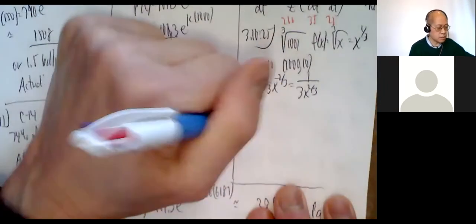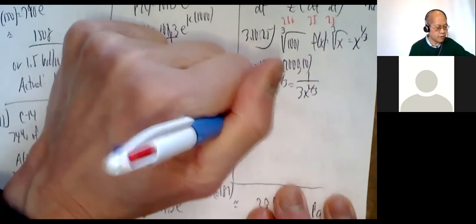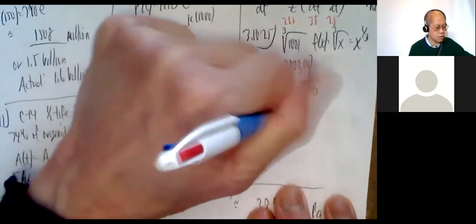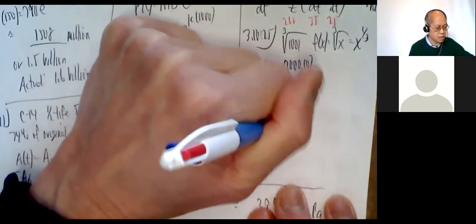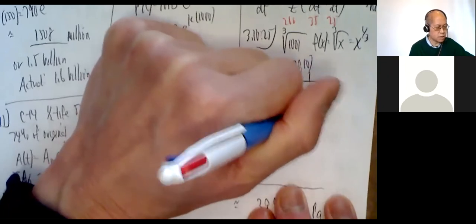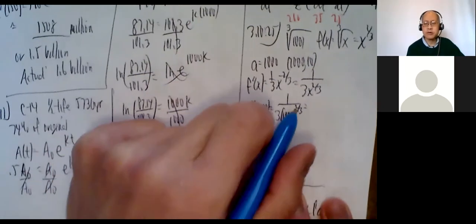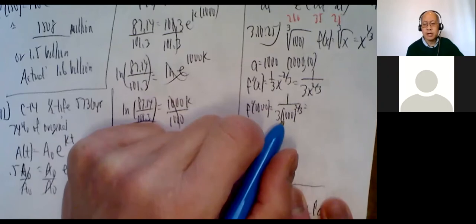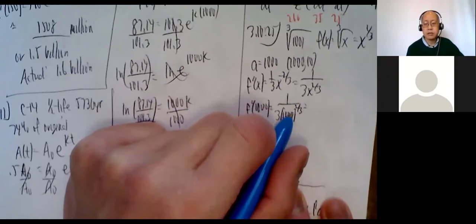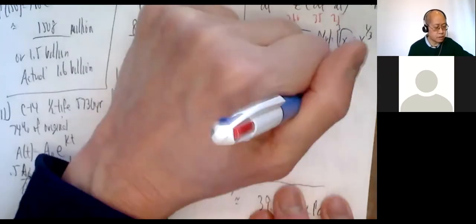Plug in 1,000. f'(1000) = 1/(3 · 1000^(2/3)). 1,000^(2/3) means the cube root of 1,000, which is 10. Square it, it's 100. 100 times 3 is 300.